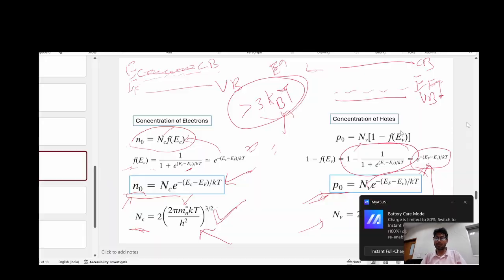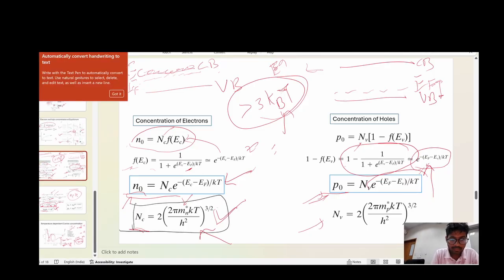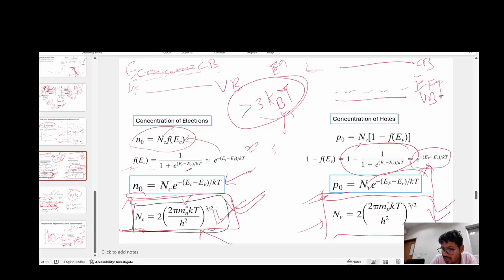Now you can see this is the effective density of states in the conduction band, Nc. Can you see whatever I am writing? This is Nv, the effective density of states in the valence band.